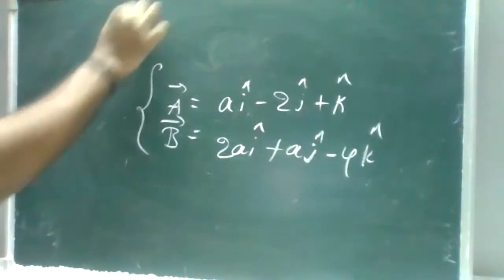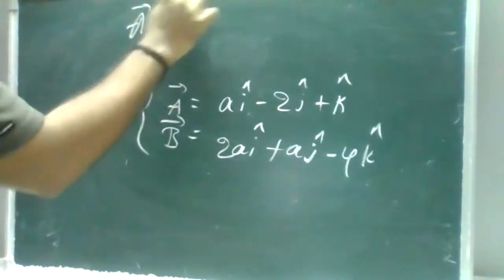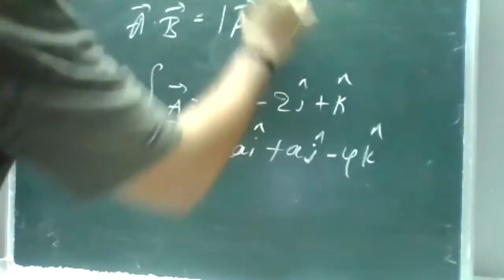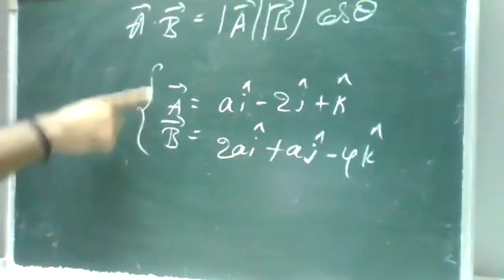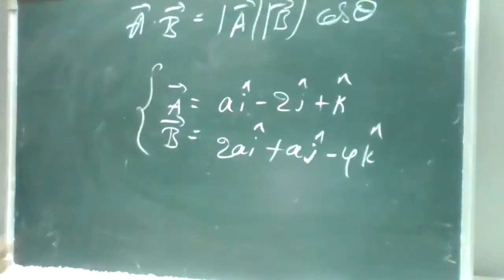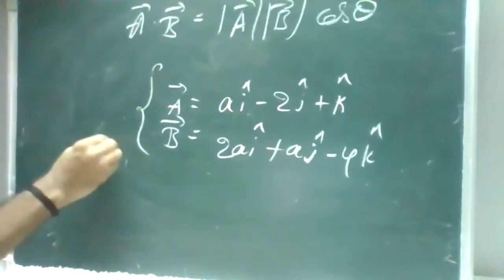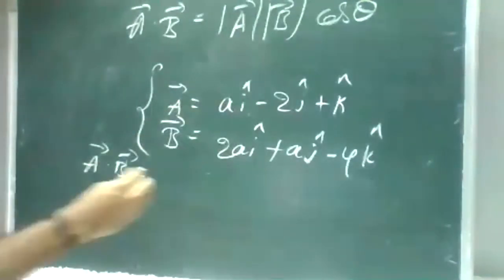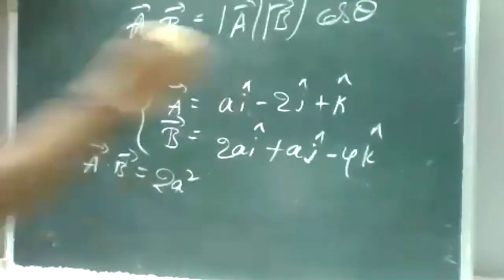So the relation of A vector dot B vector is equal to magnitude of A vector, modulus of B vector, cos theta. First I will multiply A dot B. So A vector dot B vector is equal to AX BX, so it is 2a square.